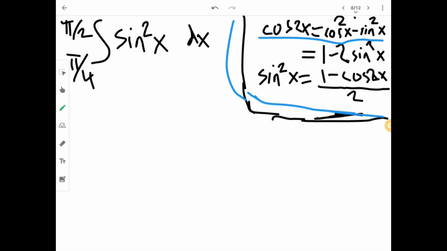That's how you solve this question. And then cosine squared minus sine squared. Cosine squared is 1 minus sine squared, and then you add minus sine squared again. So it becomes 1 minus 2 sine squared x. Then once you just shuffle things around, cosine 2x minus 1 equals minus 2 sine squared x.